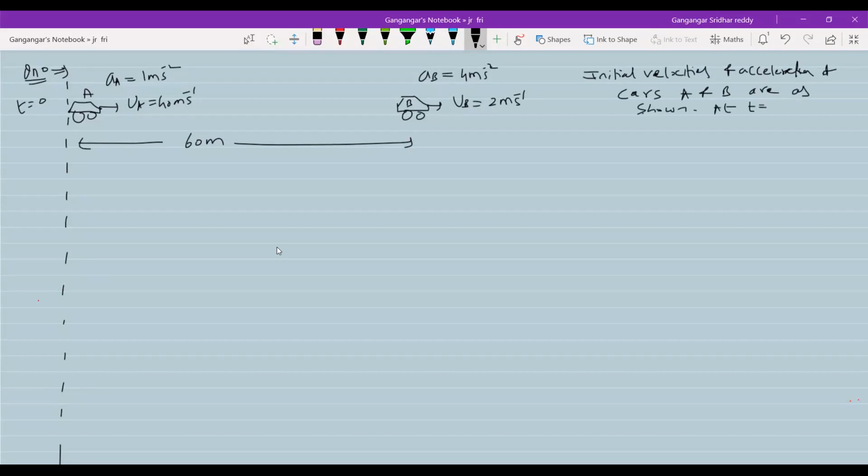At t equals 0, car B is ahead of car A by 60 meters. Find the time at which they will meet.